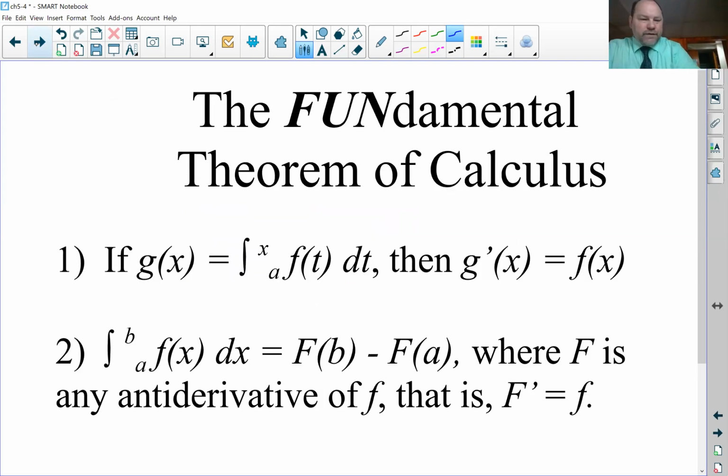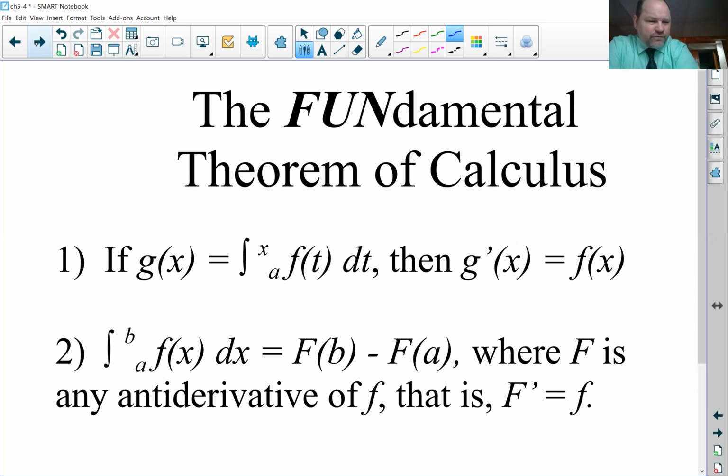So again, that's part one of the fundamental theorem of calculus. If g of x is defined as the integral of f of t dt, then g prime of x is equal to f of x. The second part is the evaluation theorem that we talked about in 5.3.